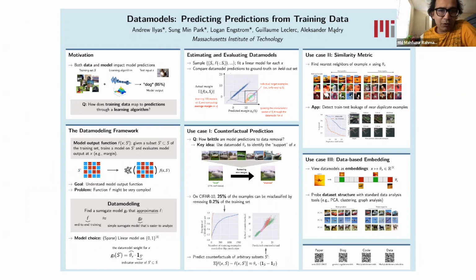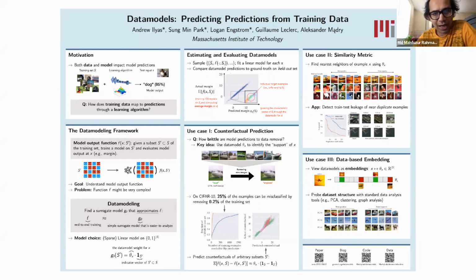this is actually data models. I found this one interesting because this one analyzes the aspects of training data on the ultimate trained model. That means what parts of the training data, if used to train the model, what would be the prediction score, for example, for a target sample without training it afresh.